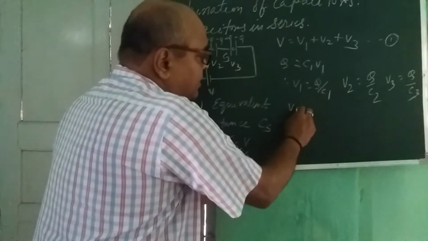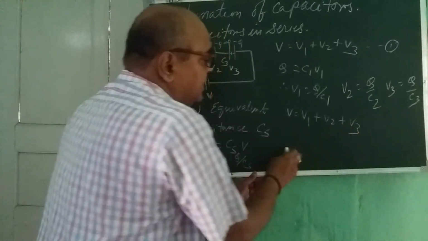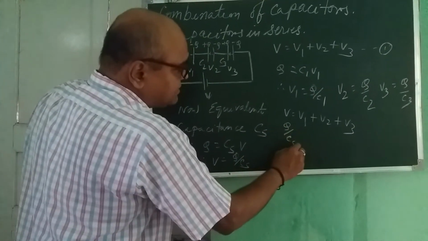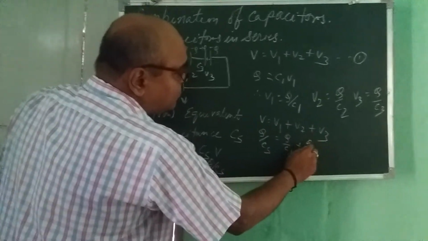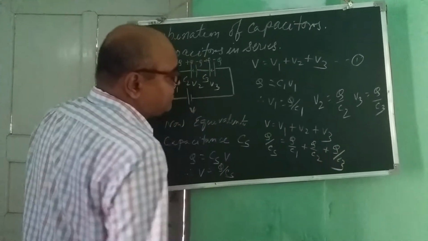Now V is equal to V1 plus V2 plus V3. Therefore V is equal to Q by CS is equal to Q by C1 plus Q by C2 plus Q by C3.